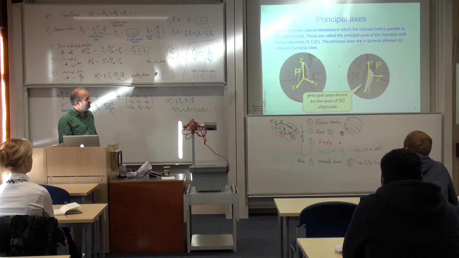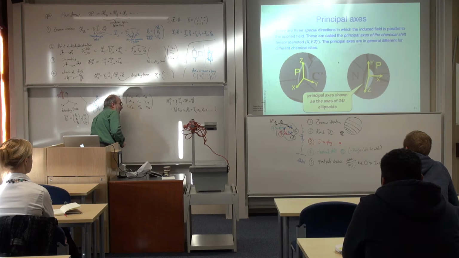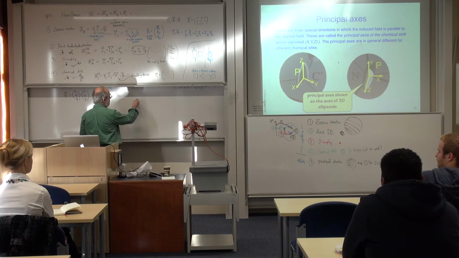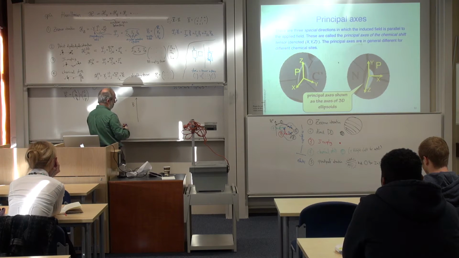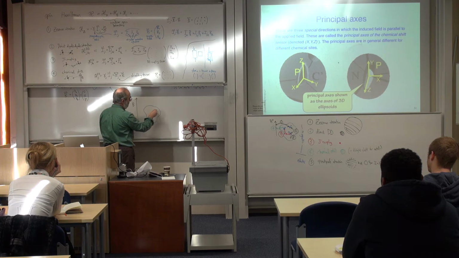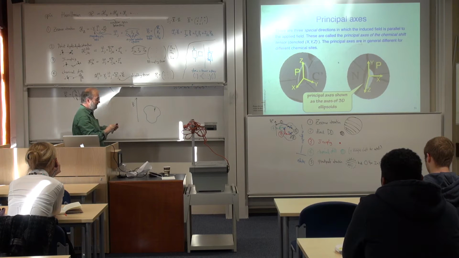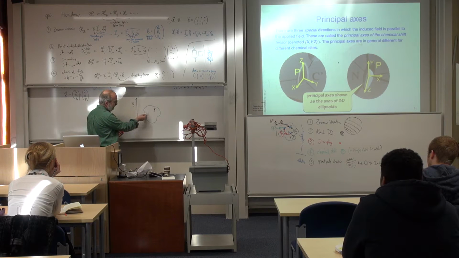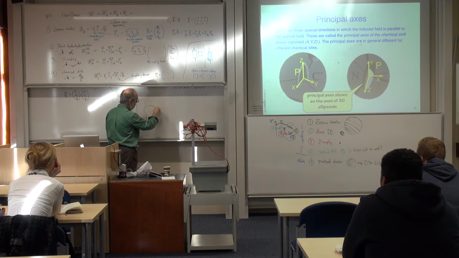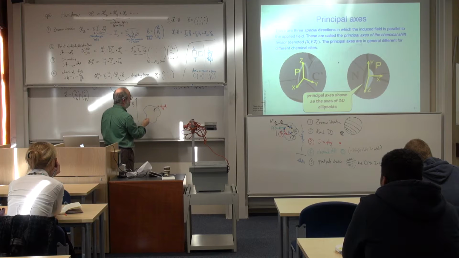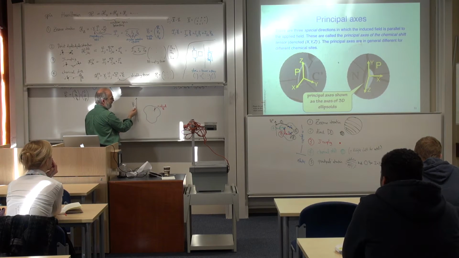However, there are three special directions, the principal axes, in which, so basically we have the applied magnetic field, we have a molecule, we have a particular nuclear site. The magnetic field induces currents in the electrons, which then act back on the nucleus. And in general, the induced field is not parallel to the applied field.